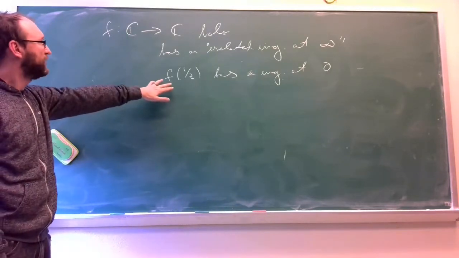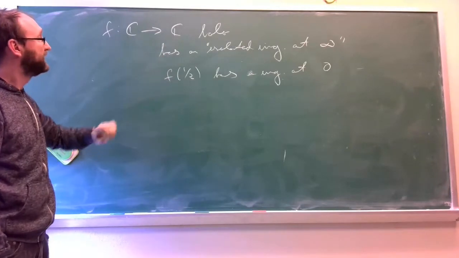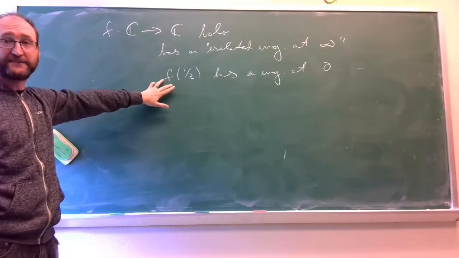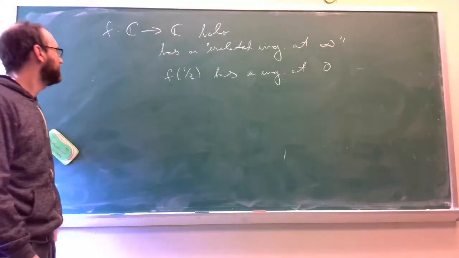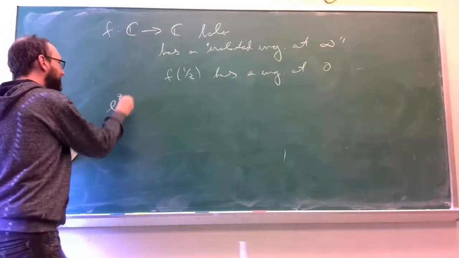So we can classify this isolated singularity at infinity by classifying this isolated singularity, right? And so, for example, e to the z.